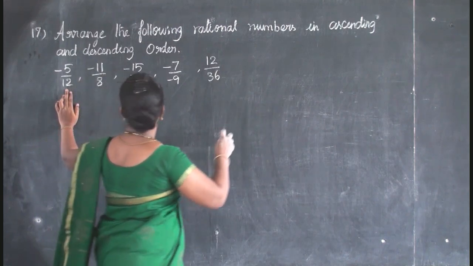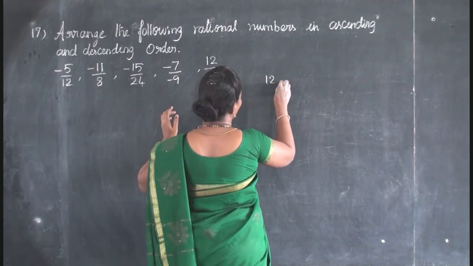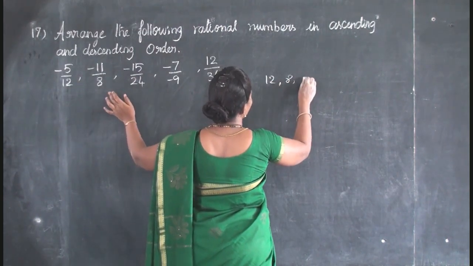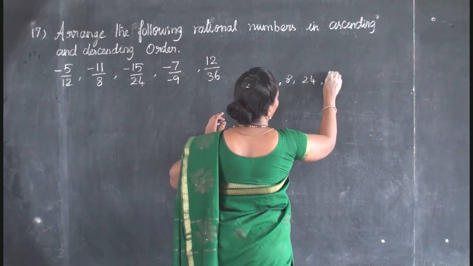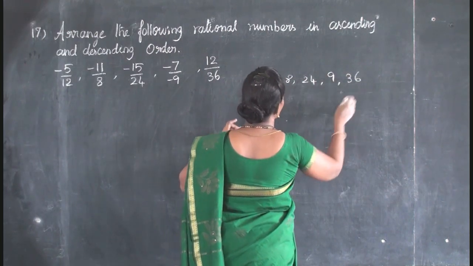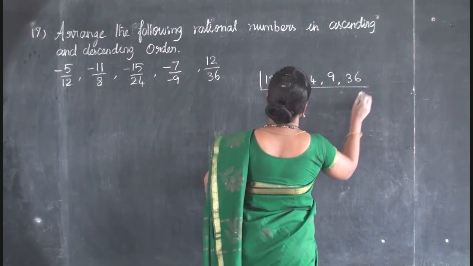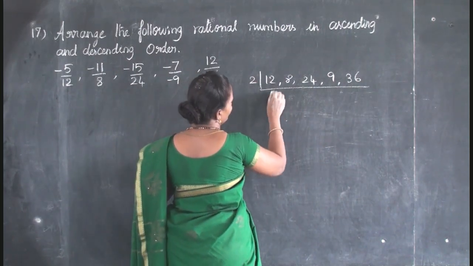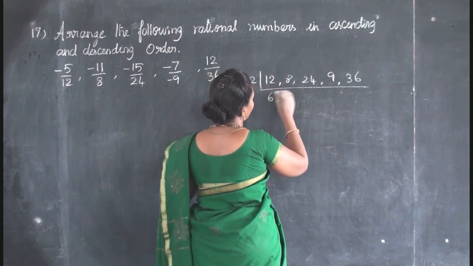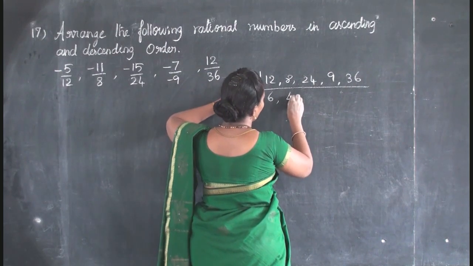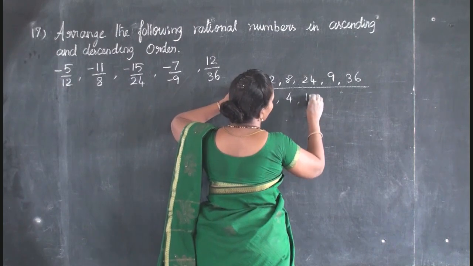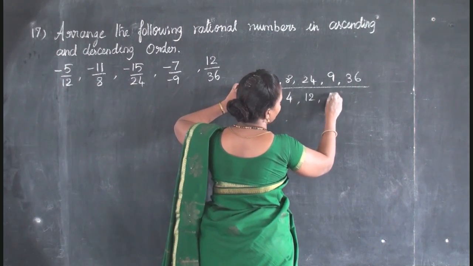So take the LCM for 12, 8, 24, 9, 36. 6 2s are 12, 4 2s are 8, 12 2s are 24.